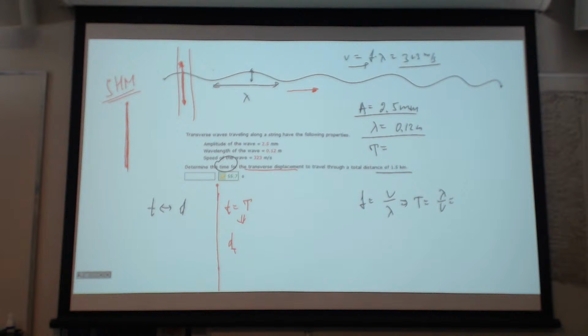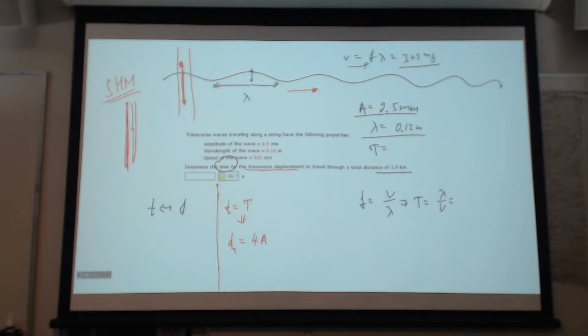It would be twice the amplitude, because it would go down to the other side and then come back up, which is not twice the amplitude, that's 4 times the amplitude. Exactly. One amplitude to the equilibrium, another, the third, fourth. So the distance traveled in one period is equal to 4 amplitudes.